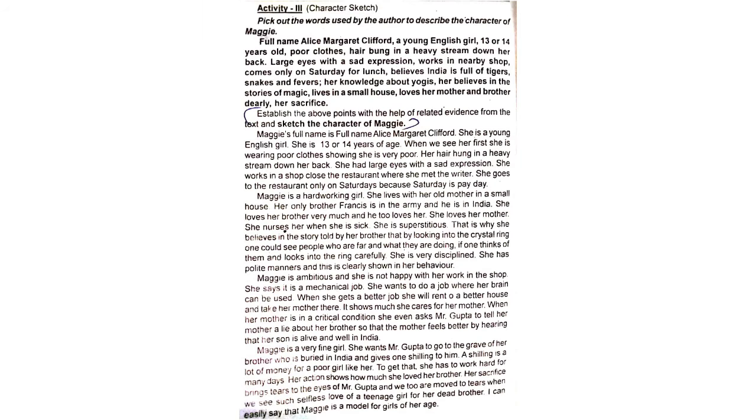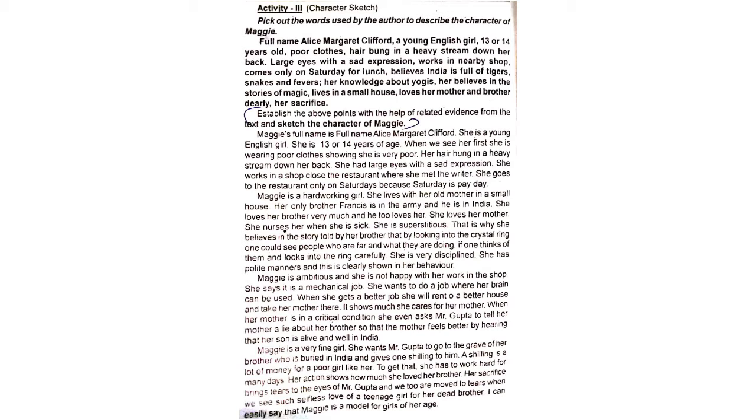Okay, you can see there is a model of character sketch. Maggie's full name is Alice Margaret Clifford. She is a young English girl. She is 13 or 14 years old. When we see her first, she is wearing poor clothes, showing she is very poor.